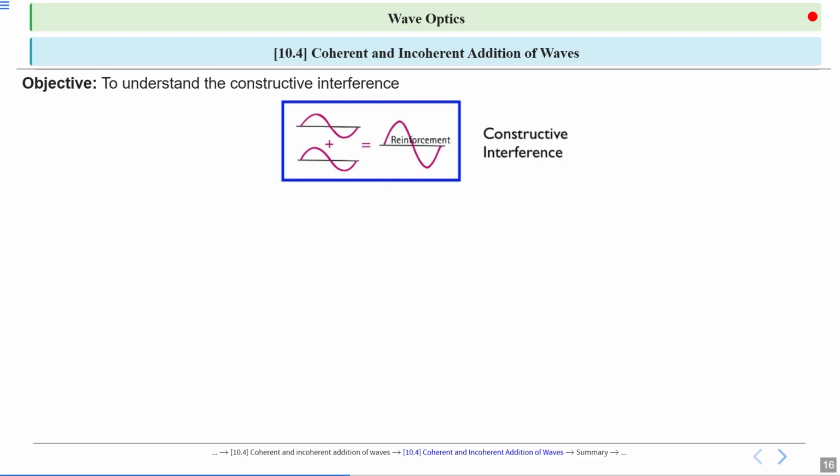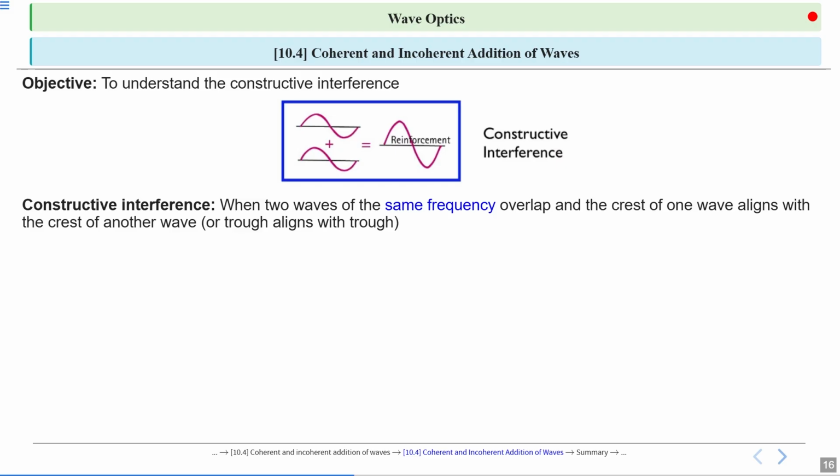Okay, so let's see constructive interference. When two waves of the same frequency overlap and the crest of one wave aligns with the crest of another wave, or trough aligns with trough, you can see in the diagram, crest is lying on the crest of another wave and trough aligns with the trough of another wave, then constructive interference occurs, due to which the amplitude of the resultant wave will be increased.